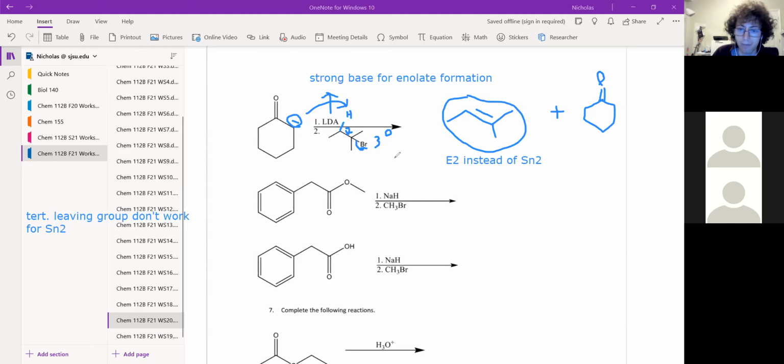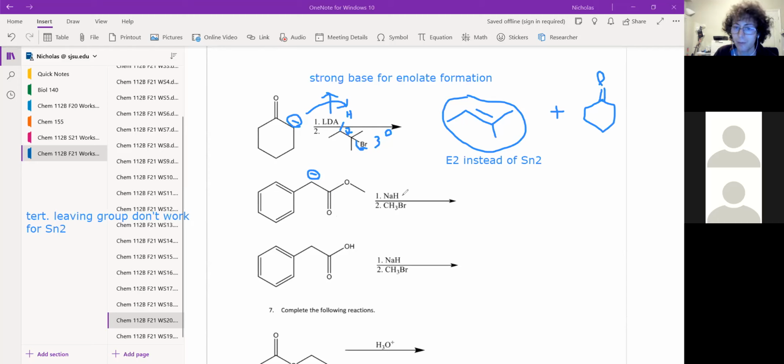Next, we're adding hydride to an ester, and then we're adding methyl bromide. Hydride's still a base, and we have an acidic proton on the alpha spot. So hydride's going to take that and form an enolate, just like it did with the ketones earlier.